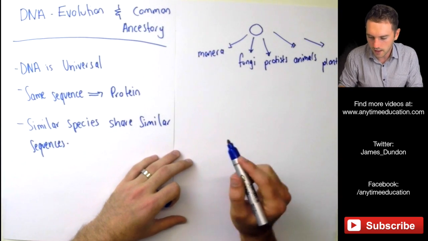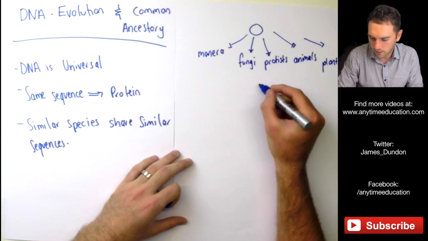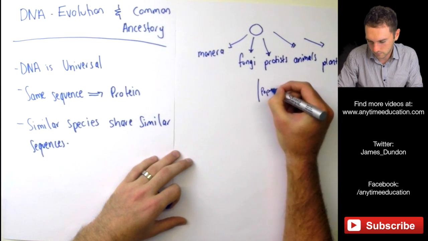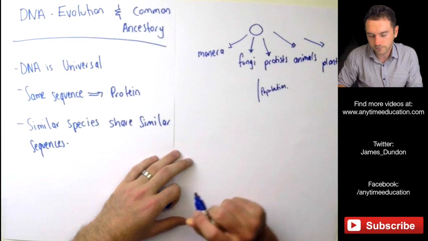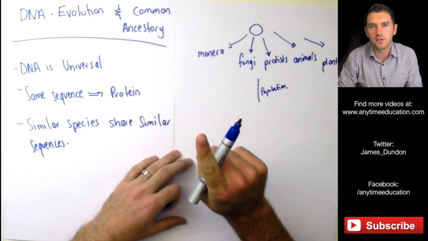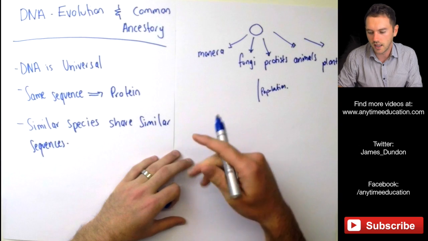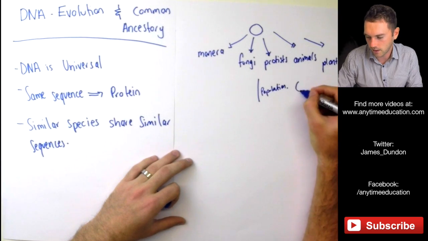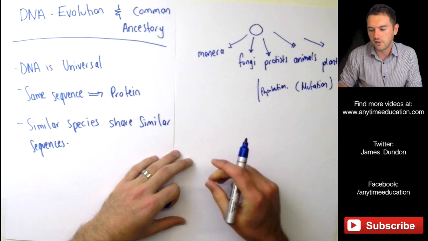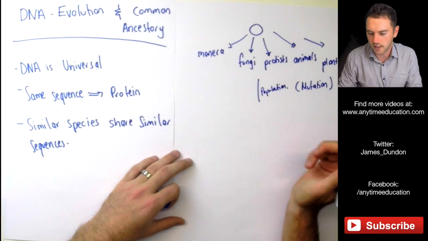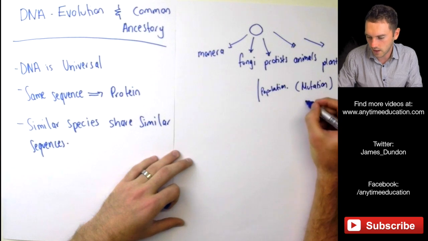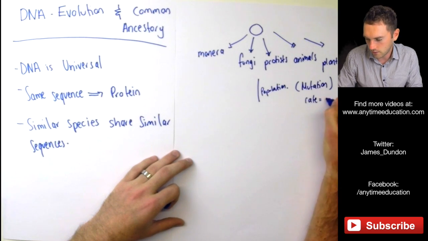So what's probably likely is that we have a population. They get changes to their DNA. Remember, the only way we can get change to DNA or new DNA sequences is through the process of mutation, which is changing the sequence of DNA. That mutation rate is quite stable.